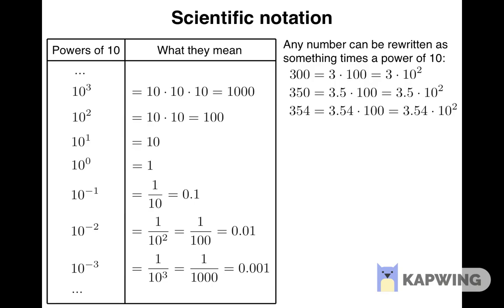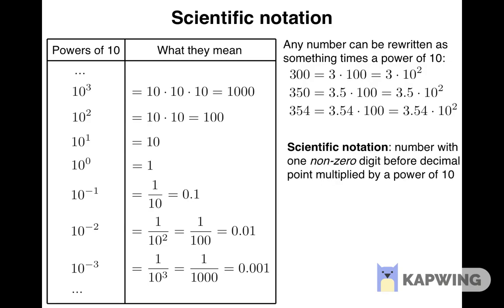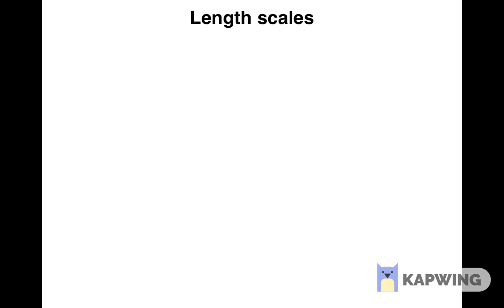This notation, where a number with one non-zero digit before the decimal point is multiplied by a power of 10, is called scientific notation. The power of 10 in it is called the order of magnitude. When we say tens, hundreds, or thousands, we are referring to the order of magnitude of a number. The scientific notation is convenient for writing very large or very small numbers.